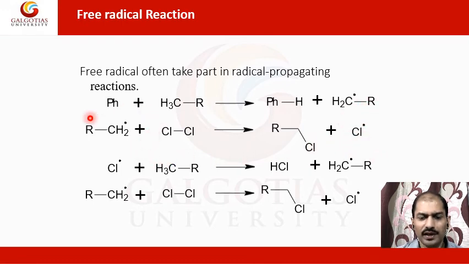So it means if one radical comes and has a certain interaction with another molecule, that molecule will also get converted into a radical. Here this chlorine is the neutral species, but in the presence of this kind of radical, like the RCS2 radical, it is changed to a chlorine radical.